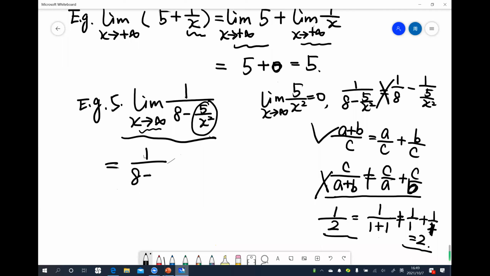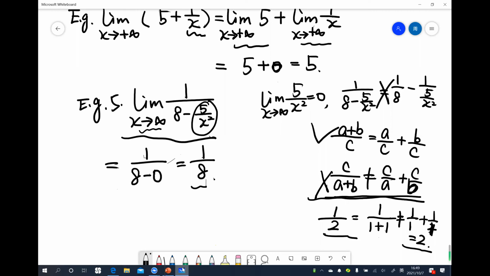So that equals 1 by 8 minus 0, which equals 1 by 8. Although the result is 1 by 8, they are the same, but you cannot write like this. It is not correct. Can you understand, guys?